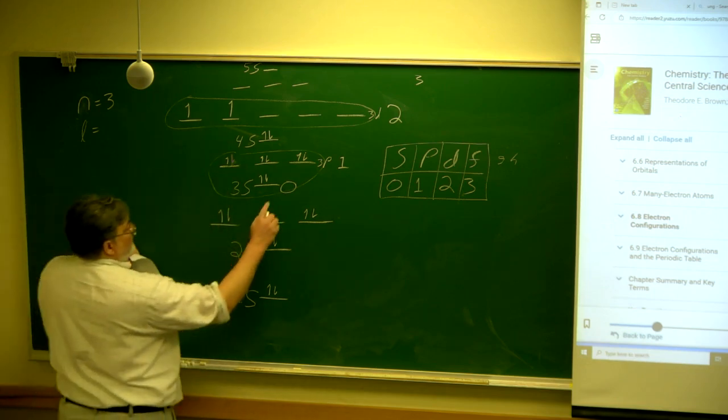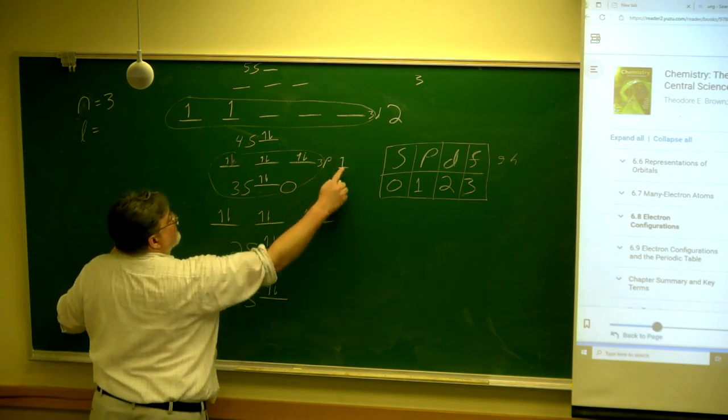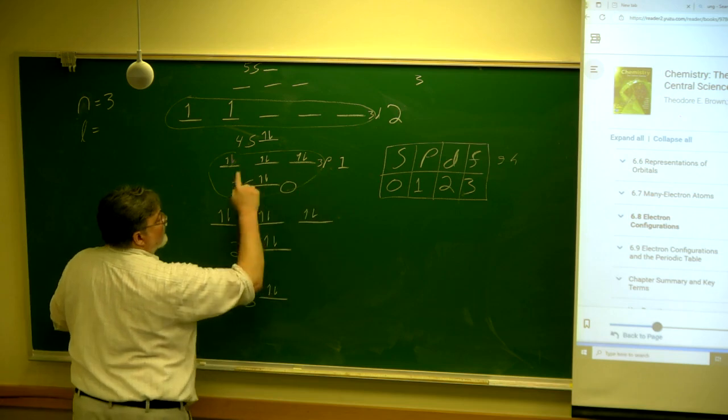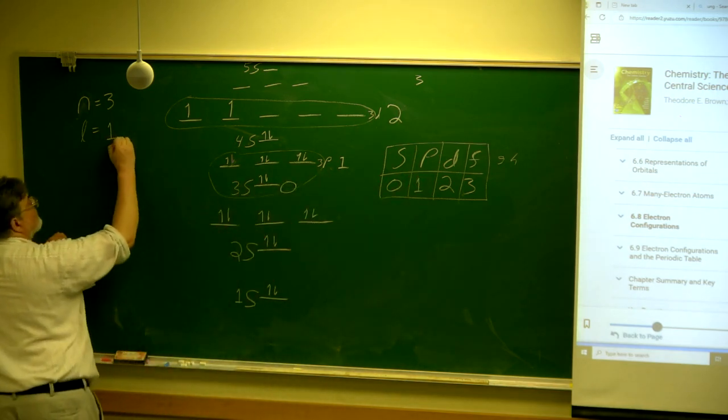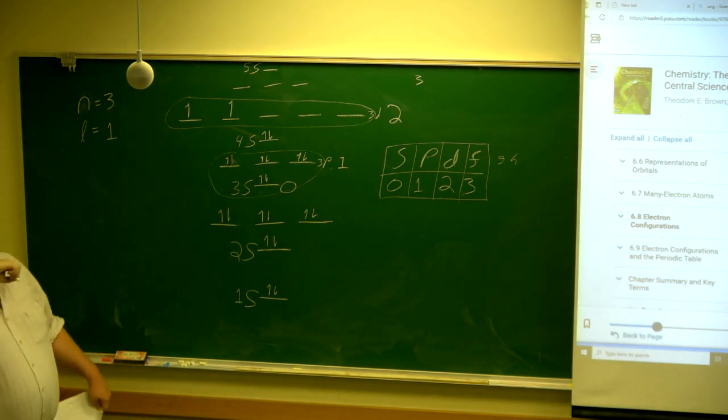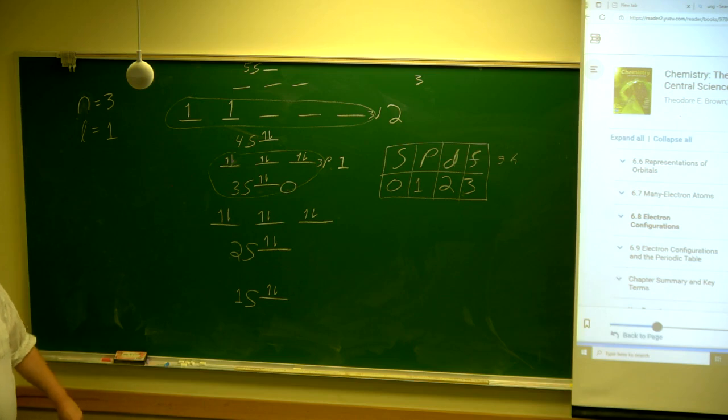So that's 0, that's 1, that's 2, but we're in the one we represent with a 1. P is 1, so l is 1. If you're feeling confused, it's just because this is abstract. There's really nothing complicated about this. It just adds a layer of abstraction to it.